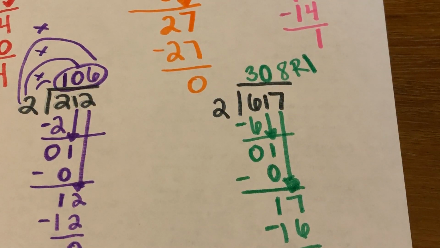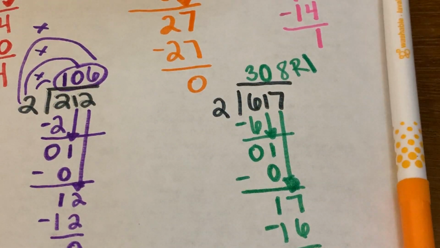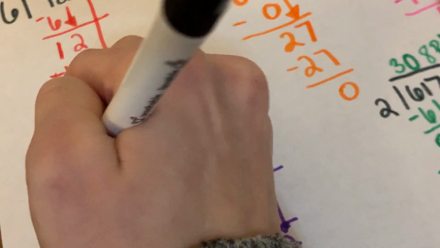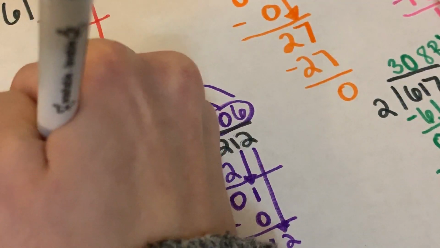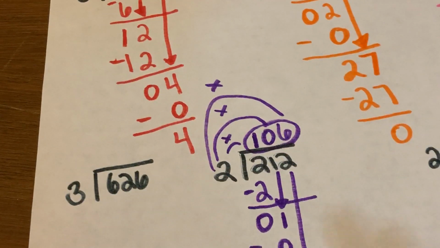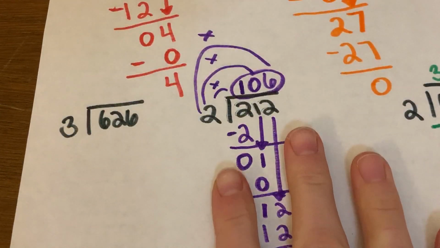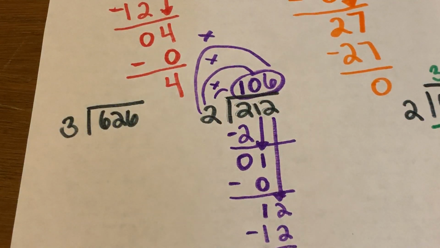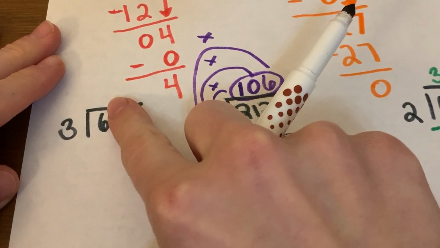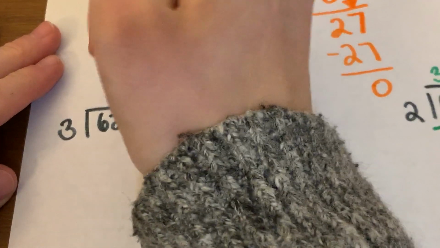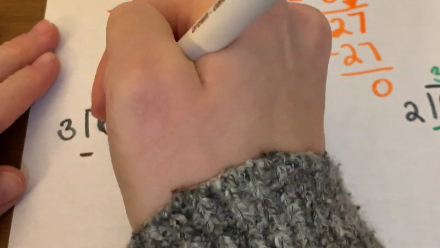I'm going to give you one more. We're going to do 626 divided by 3. Go ahead and try that. All right, 3 times what gives me 6? 3 times 2.